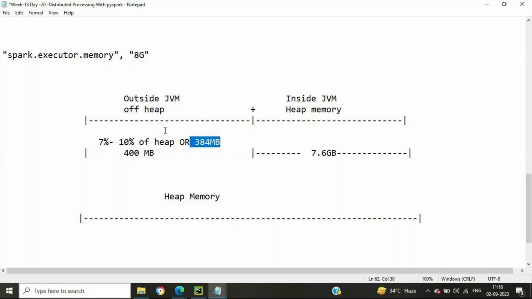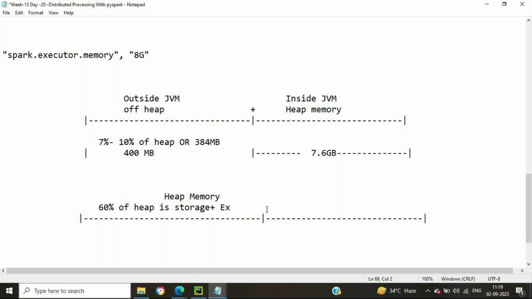Now from this particular portion, 60% of heap is given to storage plus execution memory.